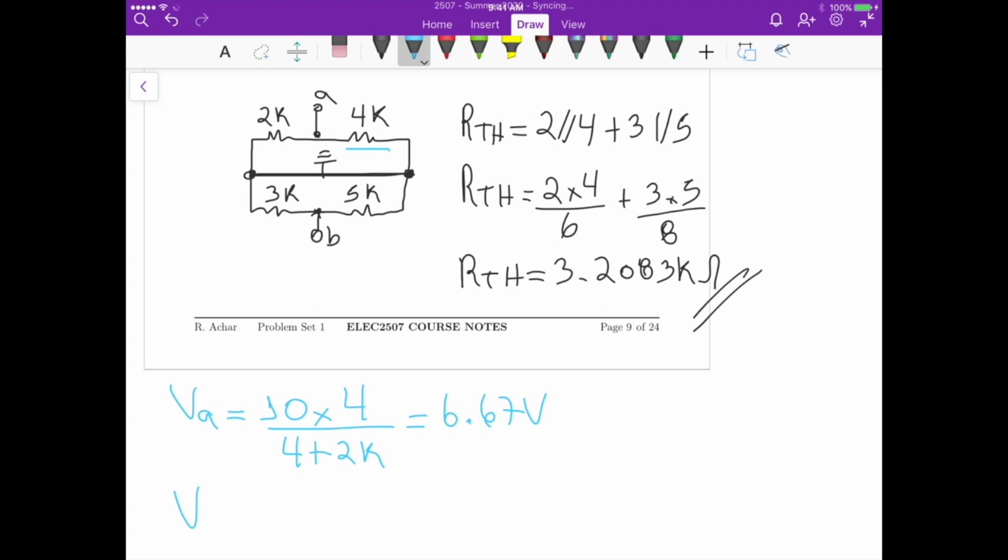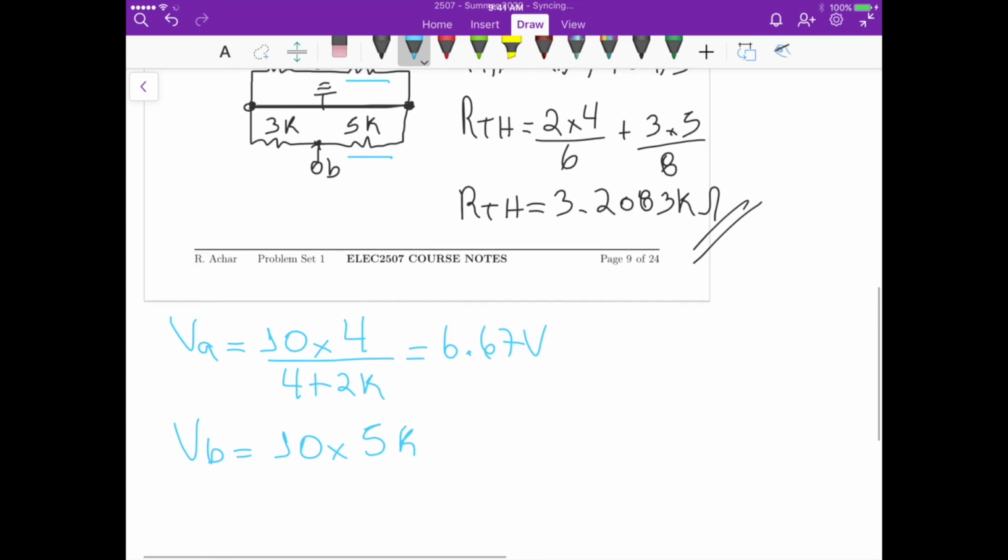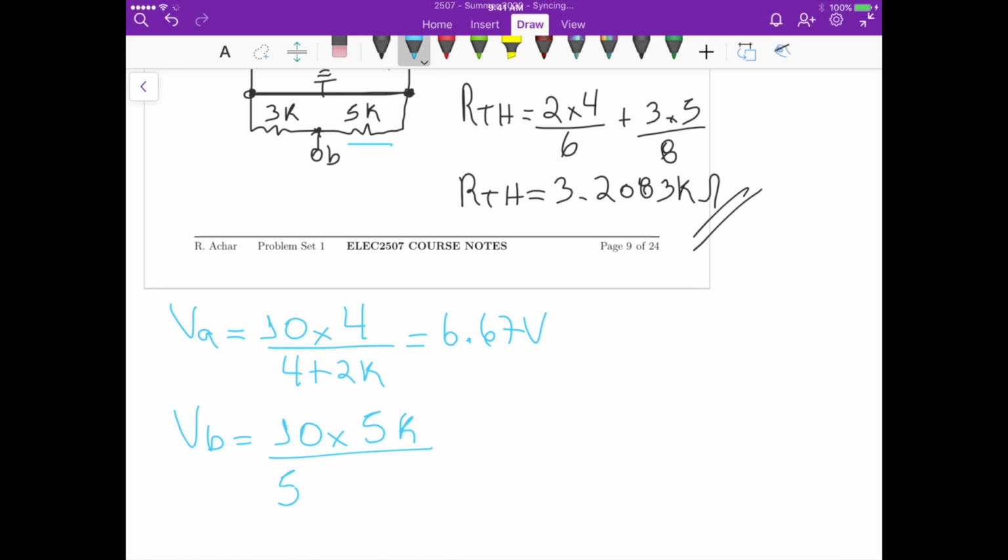Now for VB, we have the same 10 volts applied, but now we have to calculate the voltage across this 5K. So it's 5K divided by 5K plus 3K, and that's 6.25 volts.